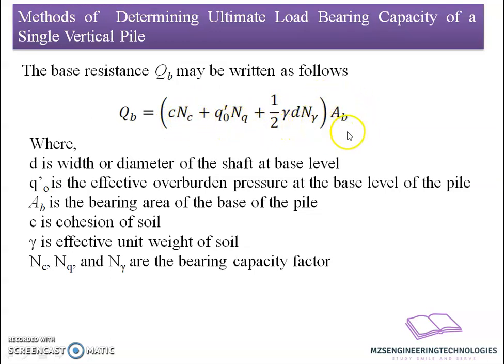Multiply this by area of bearing, we will get the total load carrying capacity in terms of base resistance, where Q naught dash is the effective overburden pressure at the base level, C is the cohesion of the soil, gamma is the unit weight of the soil, and NC, NQ and N gamma are the bearing capacity factors which can be found out with reference to the angle of friction and the type of soil given to us.